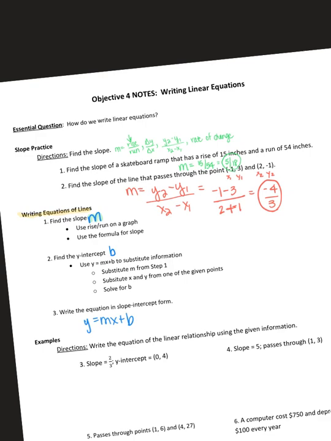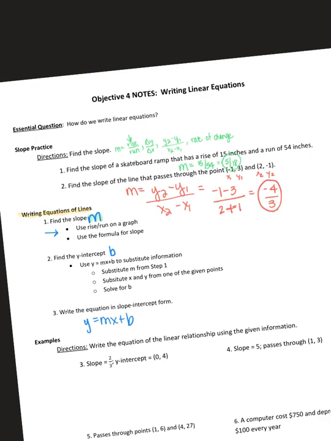If we go back up here, there are some ideas about how to find slope. Use the rise over the run on a graph. You could use the change in y over the change in x in a table. Maybe you have a rate of change, or you can use the formula for slope if you're given two points.